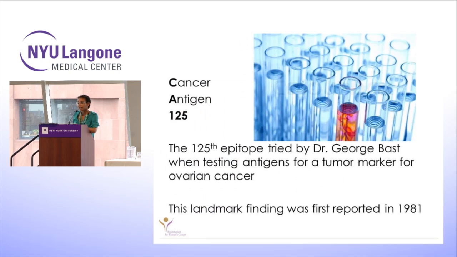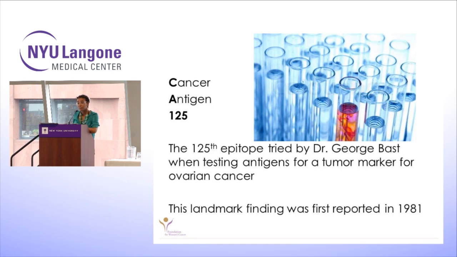So many years ago, back in 1981, Dr. Bob Bast, a very prominent researcher in our field, remains so to this day, was testing different proteins on ovaries to see if he could make an antibody to any of them and identify that antibody ultimately in the blood of women with ovarian cancer.